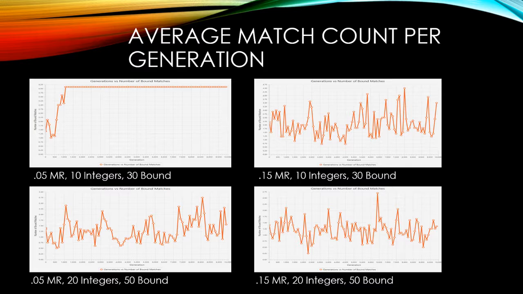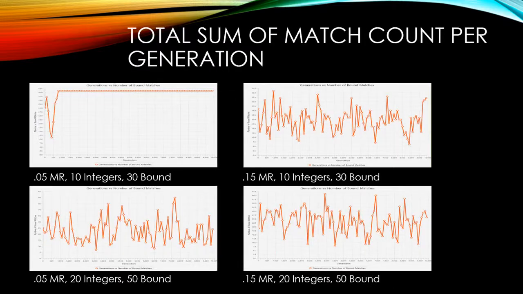So in the first image, k would equal 10, and the average value ends up being about 2 or 3, and that's about a fifth of k. And the same goes for each picture in this slide. The same can be said about each of the images in this slide as well.